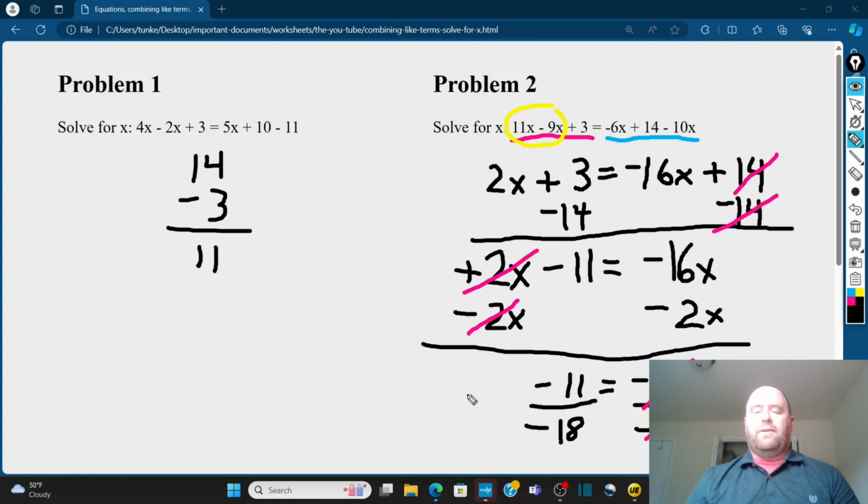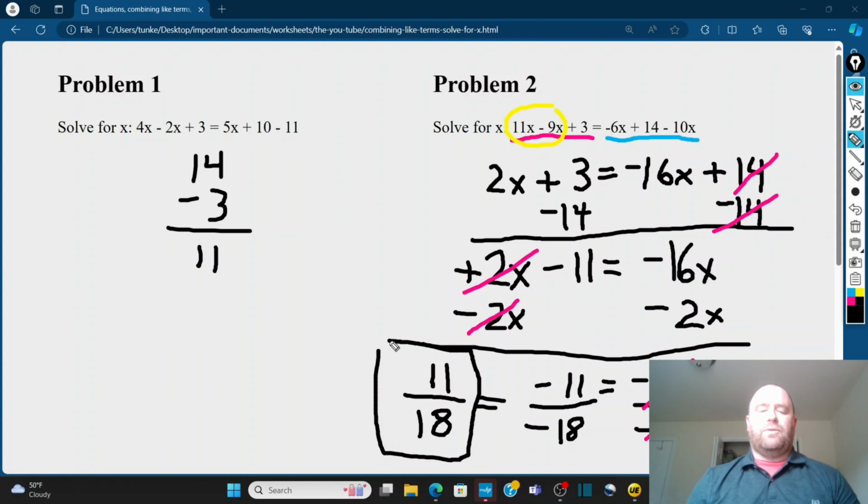On the left-hand side, a negative divided by a negative is a positive, so we have 11/18, which you really can't simplify any further. And we're just going to leave x as equal to 11/18. And that is the solution to problem 2.